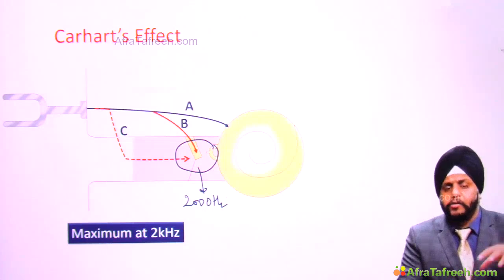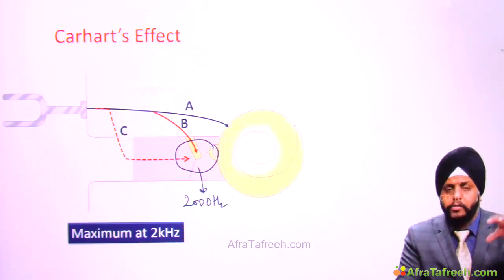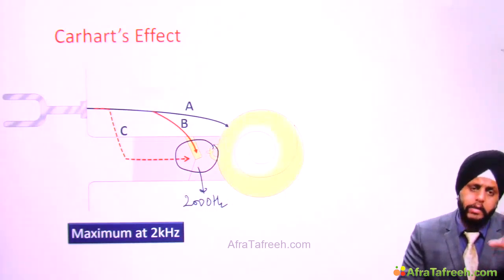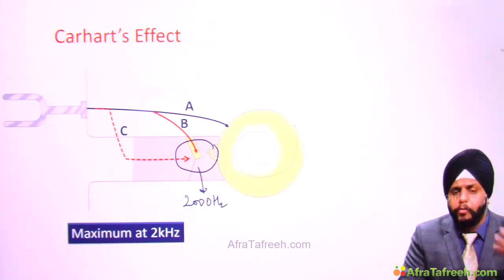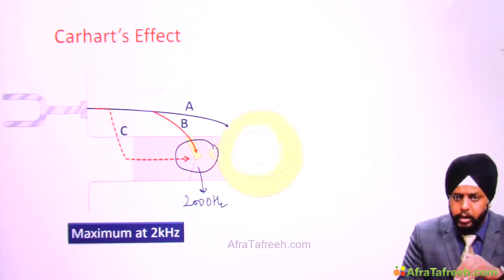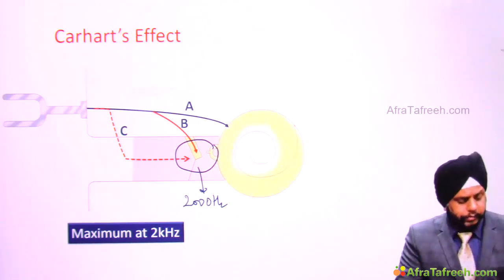We always relate this to otosclerosis, but Carhart's notch is not just seen in otosclerosis, it can also be seen in other conductive hearing loss patients. It's not limited just to otosclerosis.